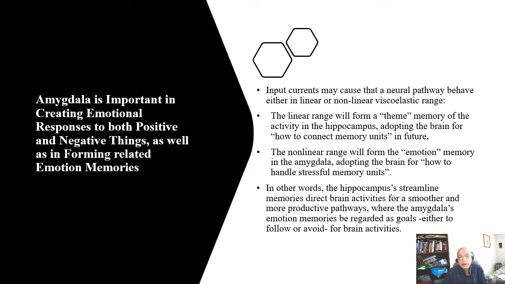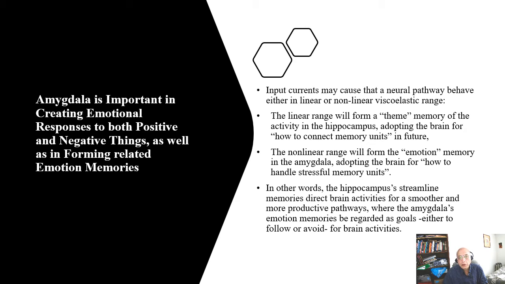If the formation happens in the non-linear range, the emotion memory will be saved in the amygdala. This emotion memory will adapt the brain for how to handle stressful events and related memory units in future.